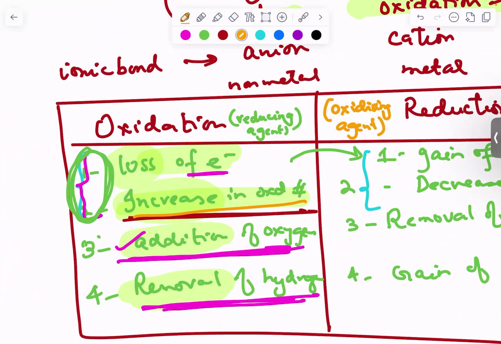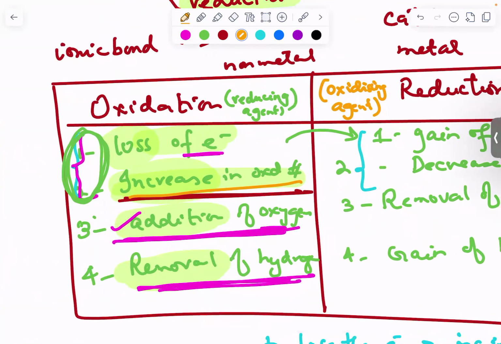Why? Because the reducing agent does what? I think I have already explained that whenever we travel, the traveling agent makes our itinerary, but we travel; the traveling agent doesn't travel. So what does it mean?